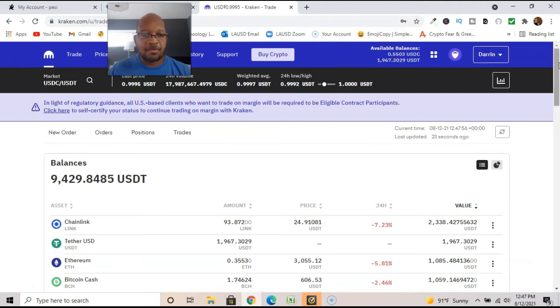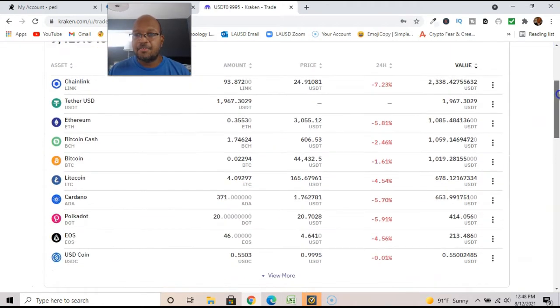So the first thing that I want to talk about is your balance. Now your balance is the sum total of all of your values over here. And these values represent how much your coins are worth, how much your asset is worth. So over here are all of the assets that I hold a position in. The value is how much that asset is worth right now at this very moment in time, because this is real time.